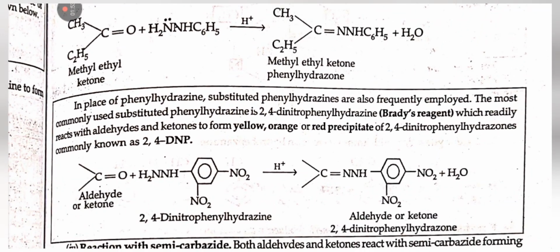In place of phenylhydrazine, substituted phenylhydrazines are also frequently employed. The most commonly used substituted phenylhydrazine is 2,4-dinitrophenylhydrazine, which readily reacts with aldehydes and ketones to form a yellow, orange or red precipitate of 2,4-dinitrophenylhydrazone, commonly known as 2,4-DNP.